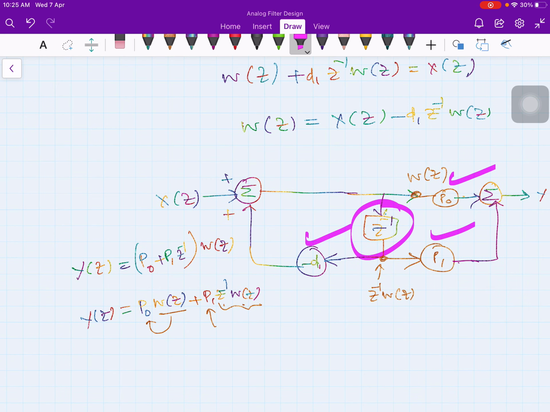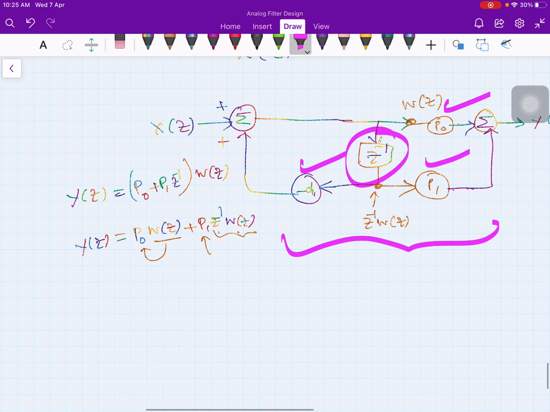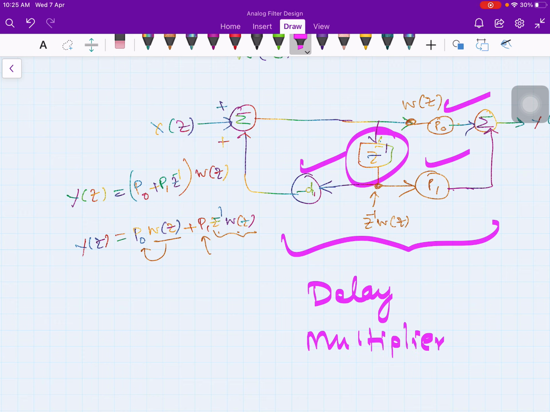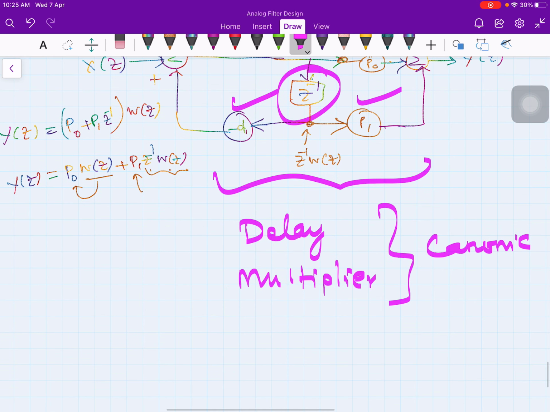Therefore, this structure is delay as well as multiplier canonic. So you reduce the number of delays by 1. Okay, so I think this is a point that I stop. Thank you very much.